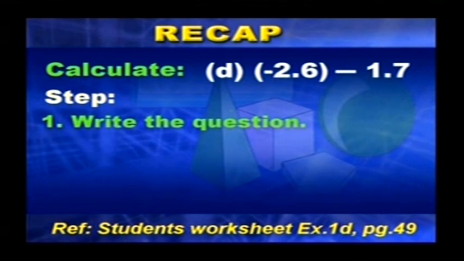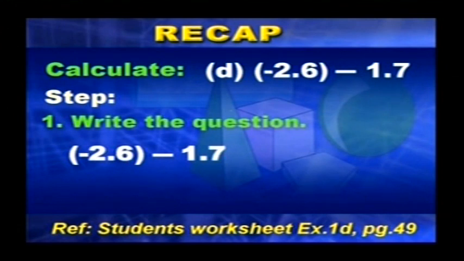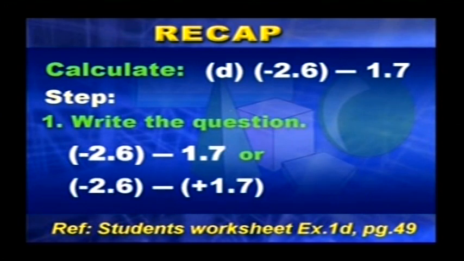When you were to write the question, this is what you should have written: negative 2.6 in brackets, subtract 1.7. Or you should have written negative 2.6 in brackets, subtract in brackets positive 1.7.